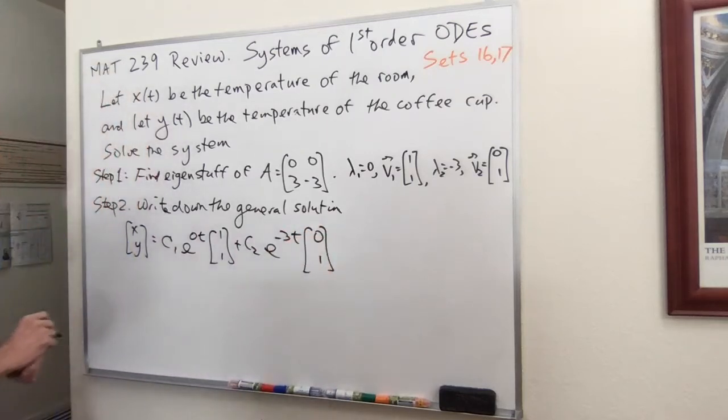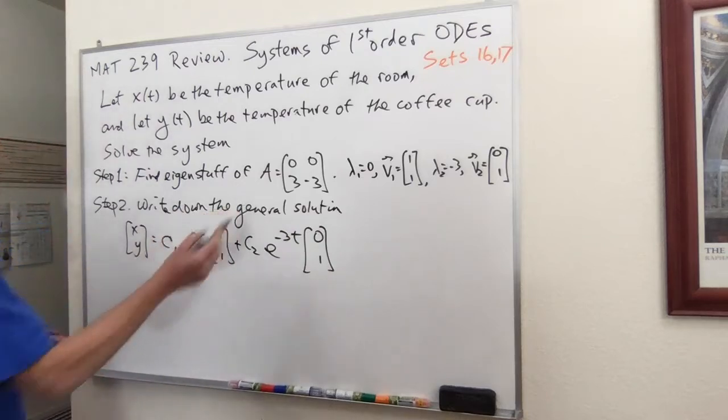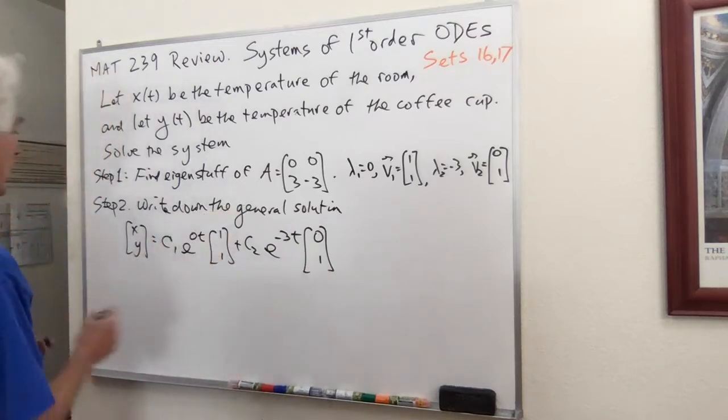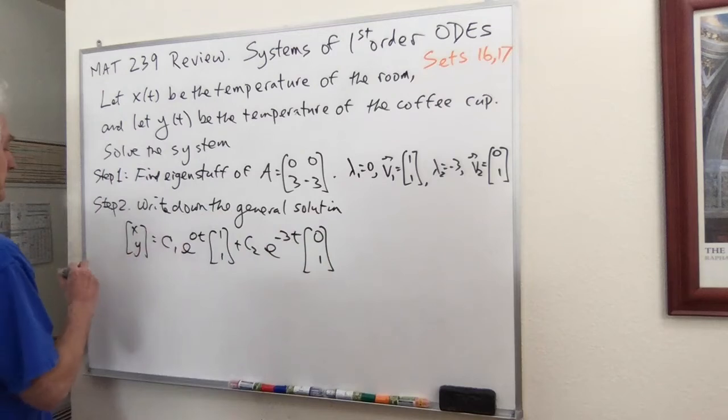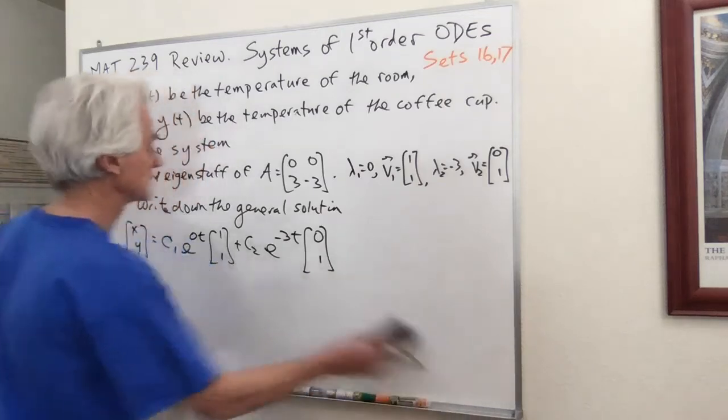And e to the 0 t is 1, but we can handle that later when we do it. So step 3 is apply the initial condition.